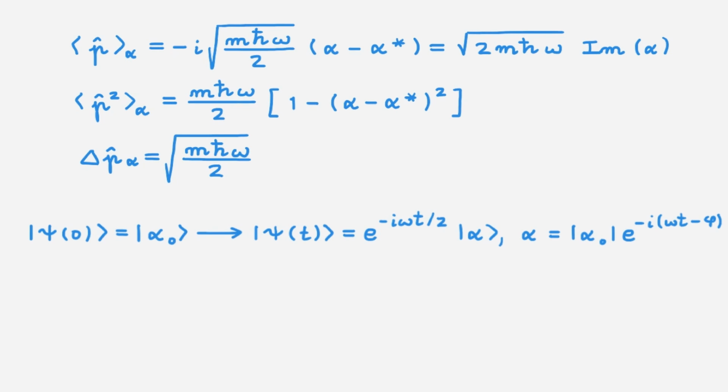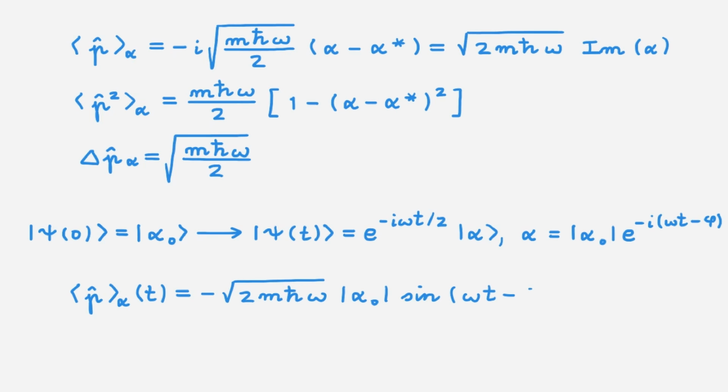We then have that the expectation value of momentum at time t is equal to this prefactor, multiplying the magnitude of alpha 0 times the sine of omega t minus phi. This final expression probably looks very familiar, but let's look at the energy before we say more.